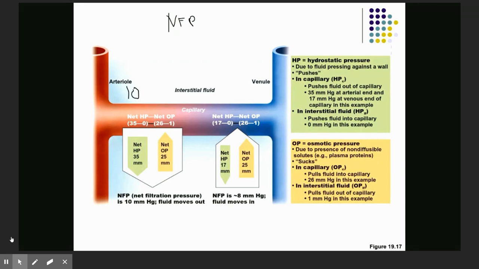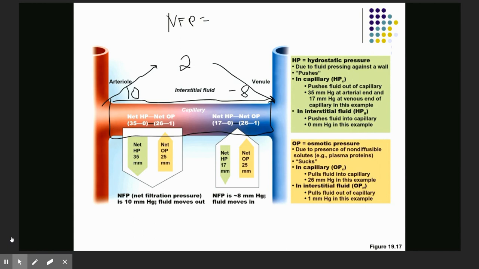It was -8. So look, fluid came out on this end, fluid went back on this end. But look, these two numbers are not equal to each other. If we look at the net filtration pressure across the whole capillary, it's 10 -8. So the net filtration pressure here is 2.